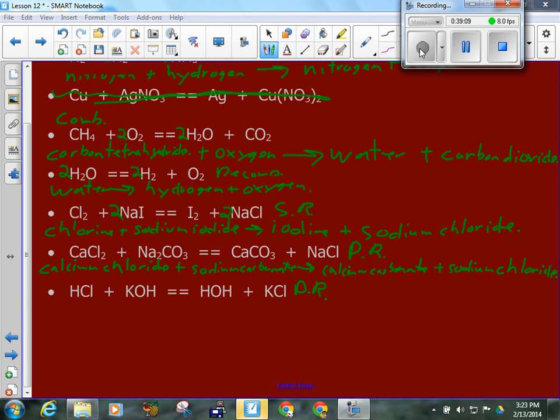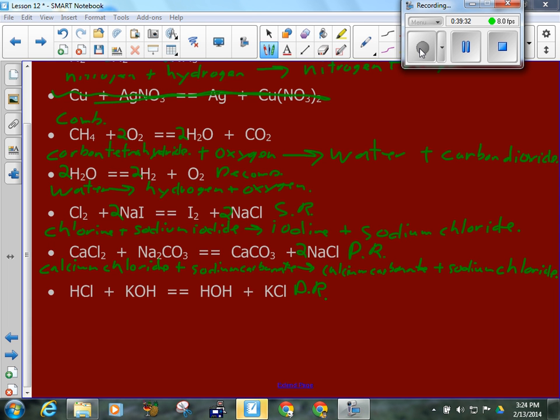Now we've got to balance, and again we start with the thing that's present in the largest number. This will trick a lot of people because they'll go, oh, there's a 3 here, I'll start with carbonate. How many carbonates are there? 1. So I don't start with carbonate. I should probably start with either sodium or chlorine. I'm going to start with sodium. There's 2 over here. How many over here? 1.